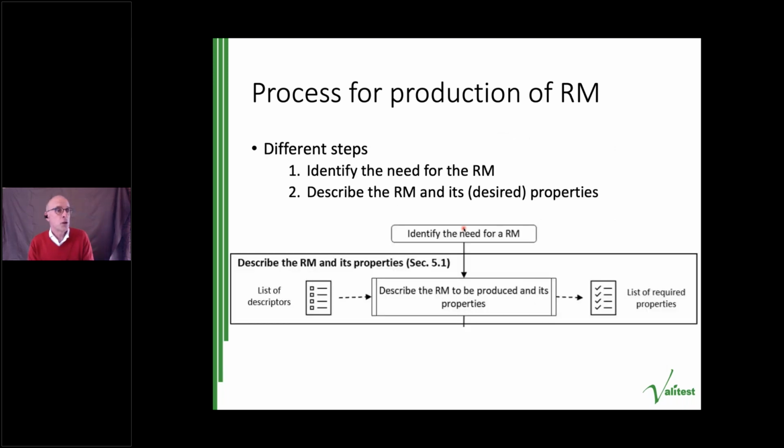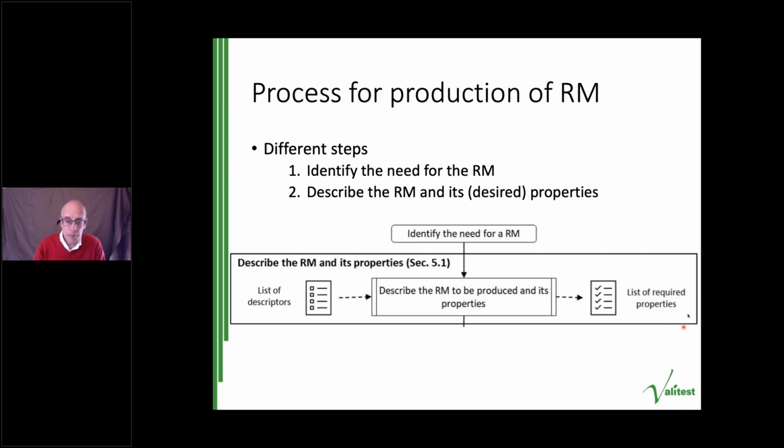So the first thing to do is actually always identify what your needs for reference material are. What does it need to do? Where are you going to use it for, right? And what are its desired properties? So you have your list of descriptors, which we just discussed, and not all of them may apply to your specific reference material, but based on these descriptors, you need to clearly describe what the properties of your reference material are.